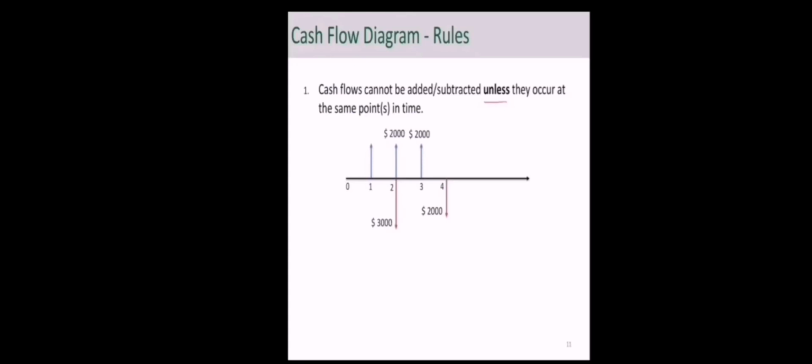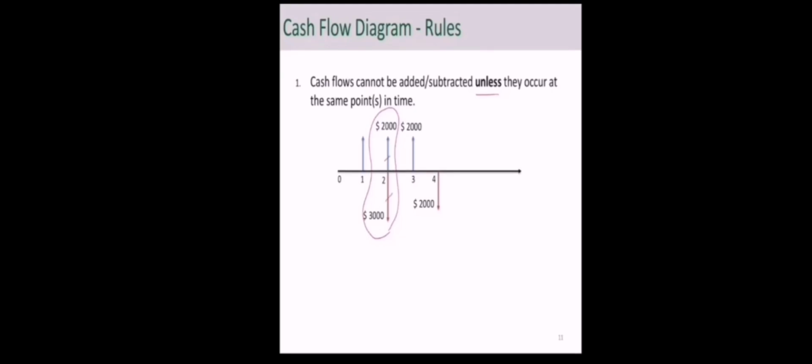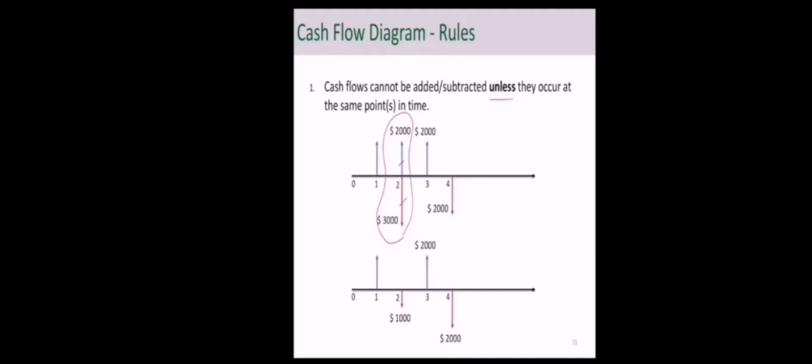So as in this example, we will subtract or cancel out these two arrows, and what is left is the only one that will represent that month. So for example here, we cancel out these two arrows, or subtract the blue arrow and the red arrow. So what is left, as in this, is $1,000 in the second month. So that is one key rule.